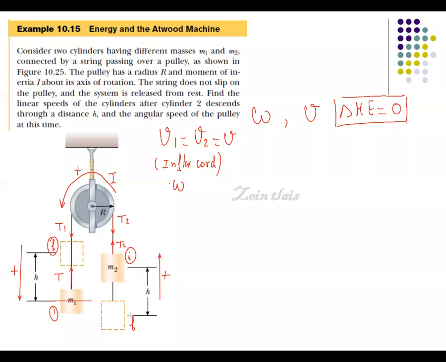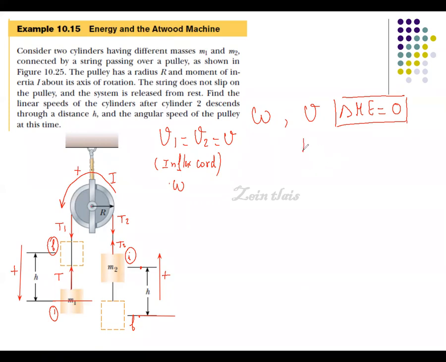M1 moves from this point to this point. You take the lowest position as a reference. And M2 will move from this position to this position. Also, you can take the lower position as a reference. I don't need to take the same reference for the two objects.